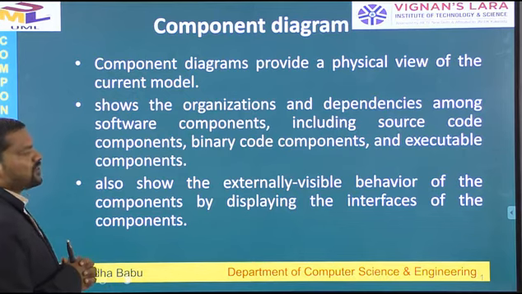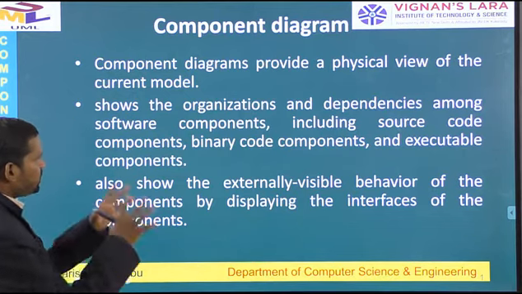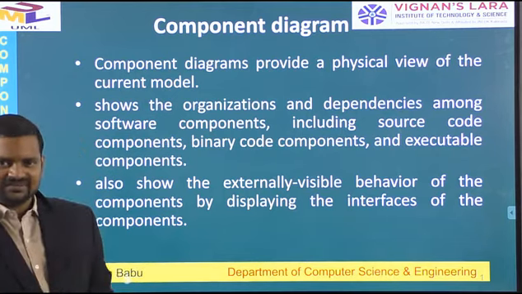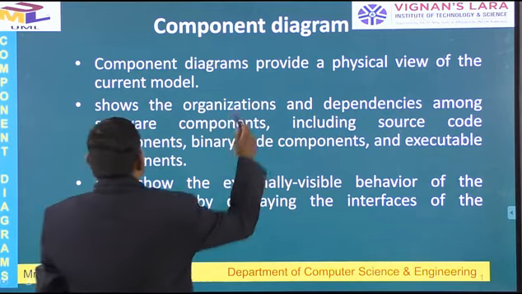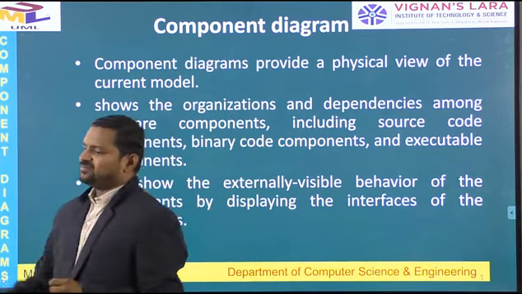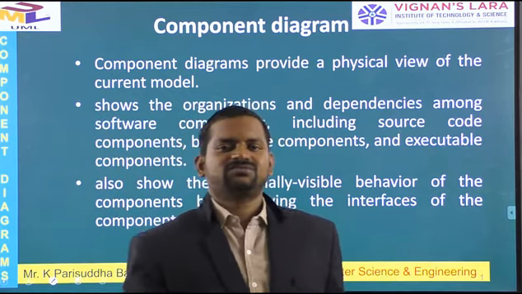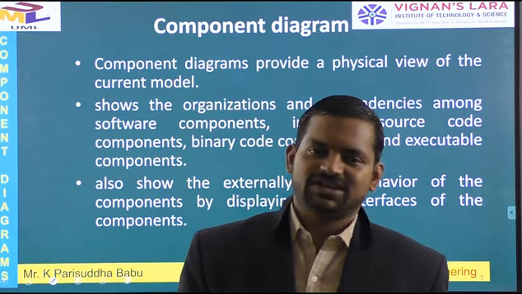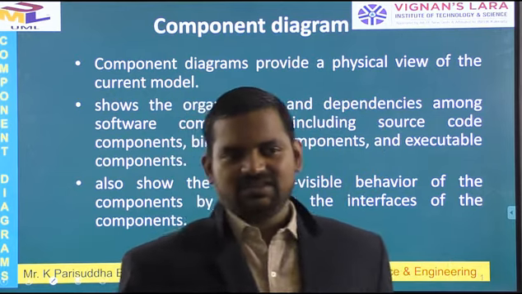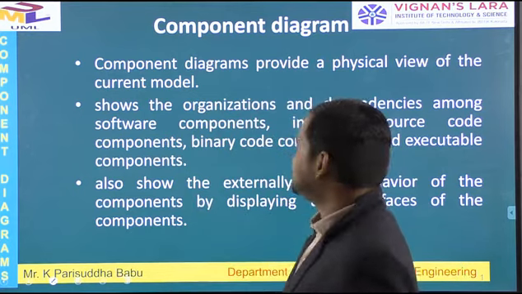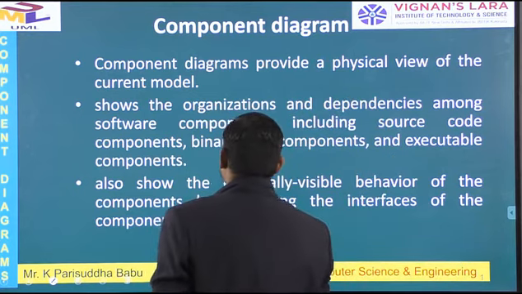Component diagrams provide a physical view of the current model. Component diagram, deployment diagram, class diagram, and object diagram represent the architectural view, that is, the physical view of a computer system.